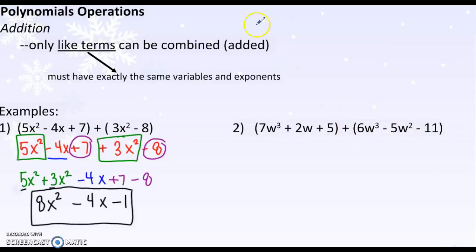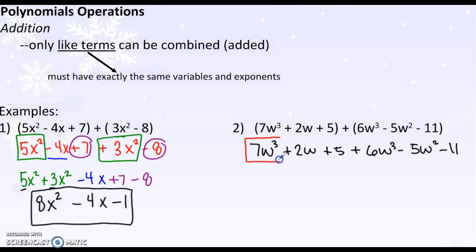We're adding two polynomials together, so we're going to drop our parentheses and make it a collection of terms. And we're going to look for our like terms. A 7w cubed is a like term with a positive 6w cubed. So I'm going to group those together.